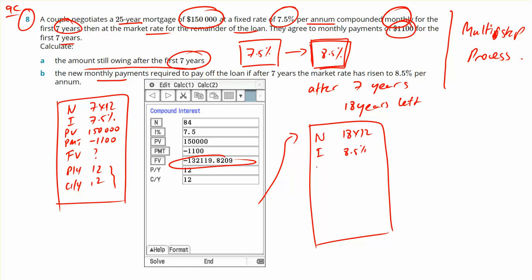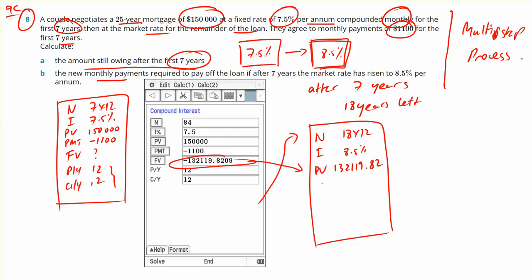My present value of my loan is fed from the final value of year 7, so present value is 132,119.82. We treat it as if it's money coming in, which is true because it feeds into the second set of financial solving.